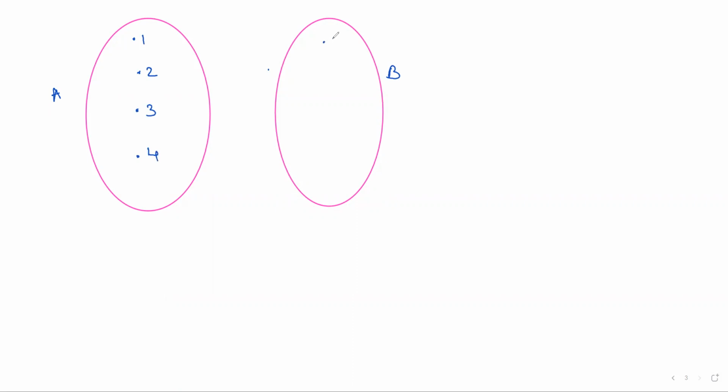B has elements 1, 4, 9, 16, and 25. Now, let's form a relation.